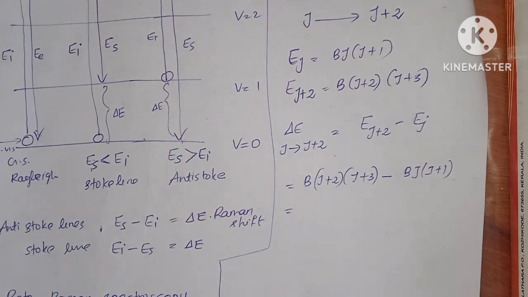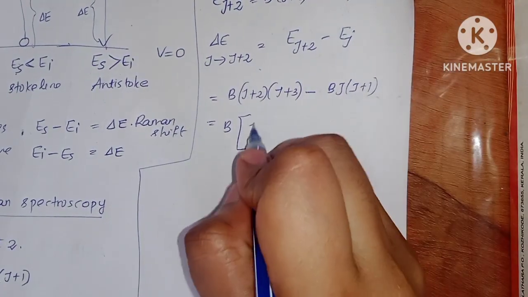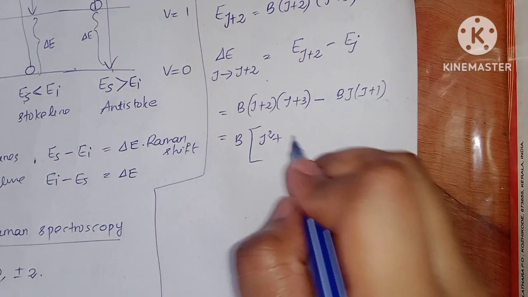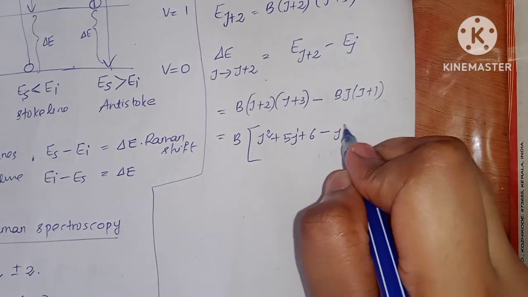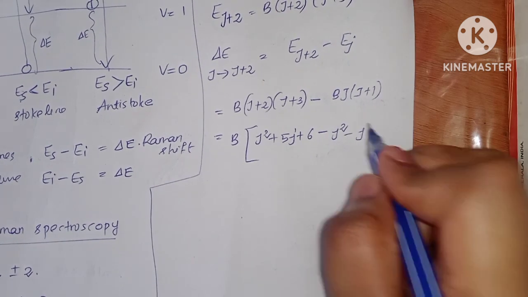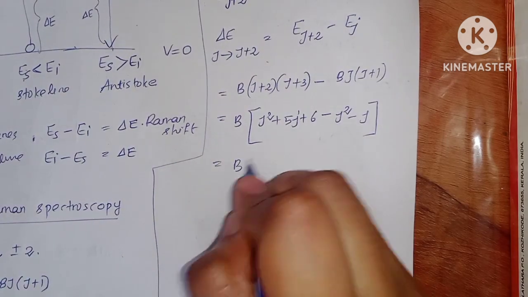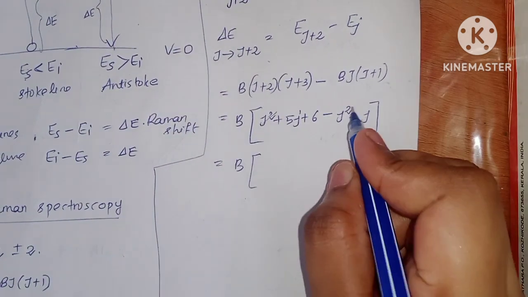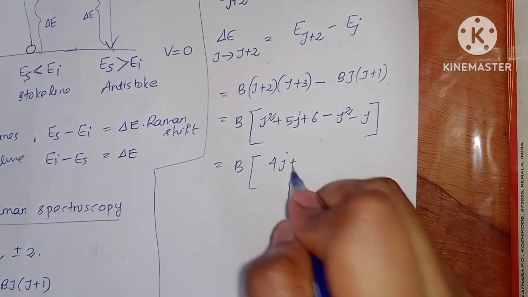We are calculating this. B is taken outside: J square plus 5J plus 6 minus J square minus J. We will get B into, J square will be cancelled, 5J minus J, 4J plus 6.